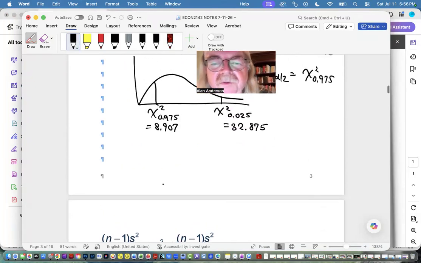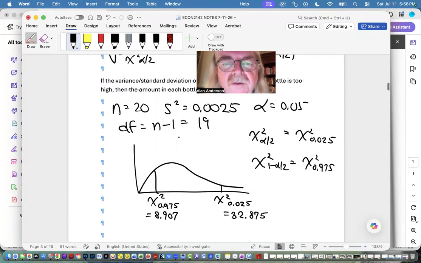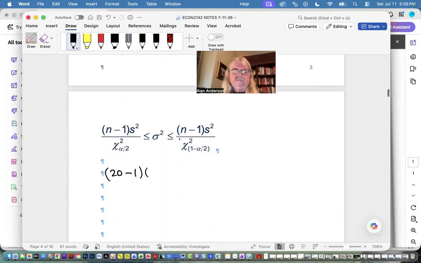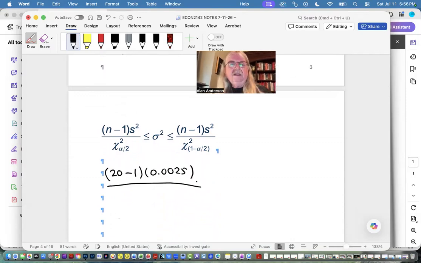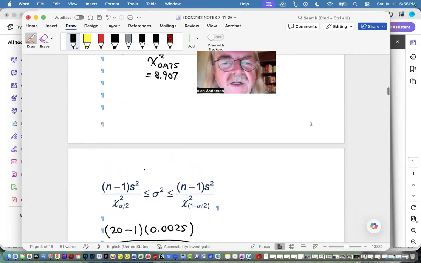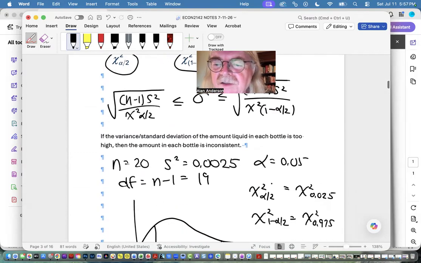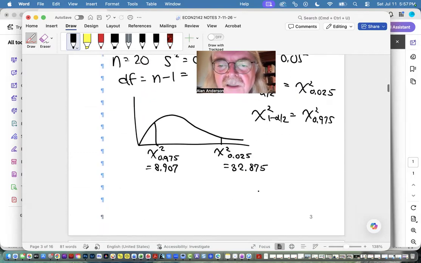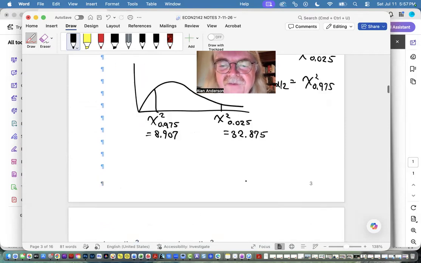All right, let's do this. So remember, the sample variance was given to us here as 0.0025. And this critical value, chi-square alpha over 2, is 32.875.